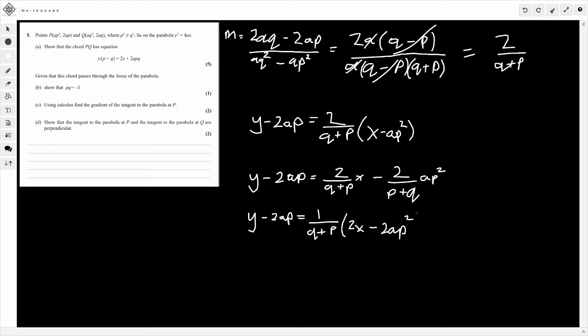And now what we're going to do is multiply it through by q plus p. So what that's going to give me is y minus 2ap, and that's going to be equal to this bracket, 2x minus 2ap squared.